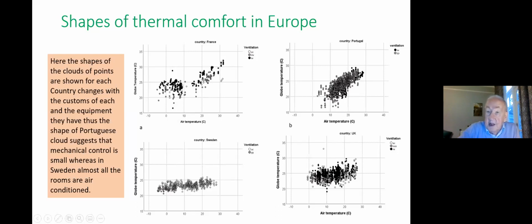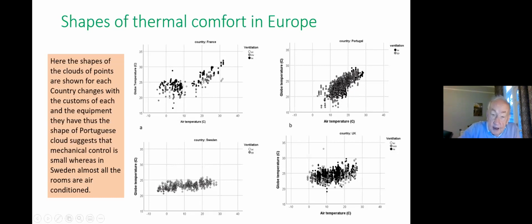It's generally changing in a way that we would expect in a building which was either not heated or only heated in very cold weather. You might say that below 15, you've got no evidence that it's horizontal or still going down, but generally the shape of the cloud here is much the same as in a naturally ventilated building.